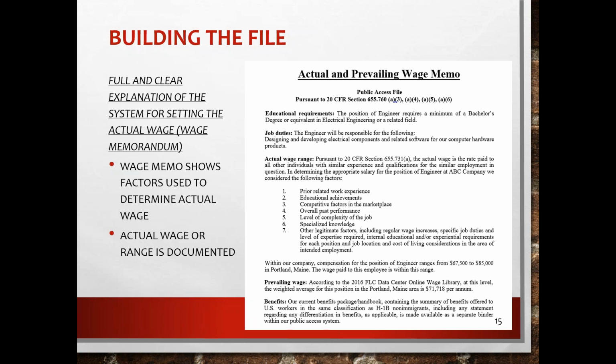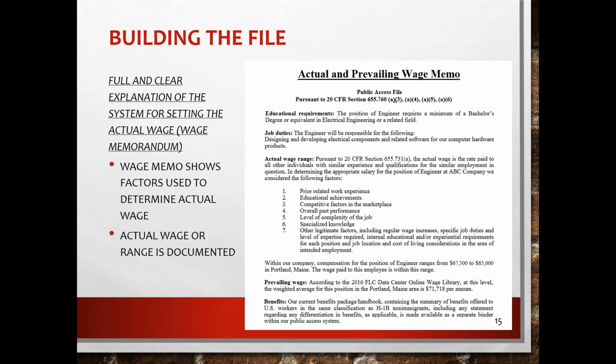It's an actual and prevailing wage memo, and this tells us about the position, the job duties, and then the different factors that go into the actual wage or pure wage for that person at your company. You would obviously want to customize this for your employer, your company, but you would want something that looks like this.